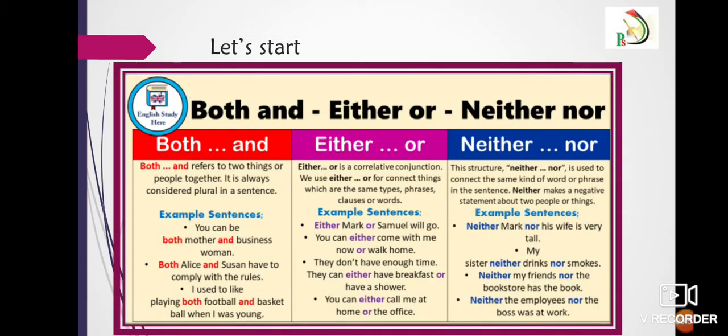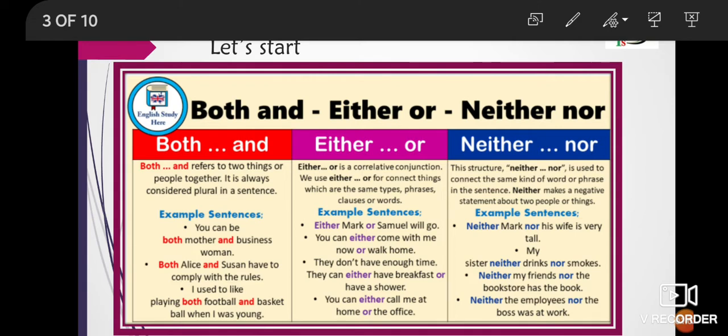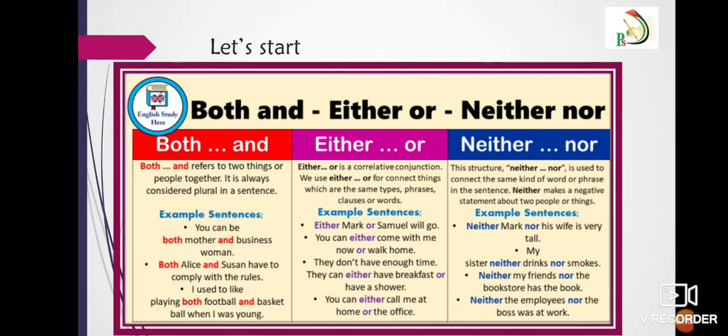See, this is the grammatical use of both and, either or, neither nor. Both and refers to two things or people together. It is always considered plural in a sentence. Examples: you can be both mother and businesswoman.